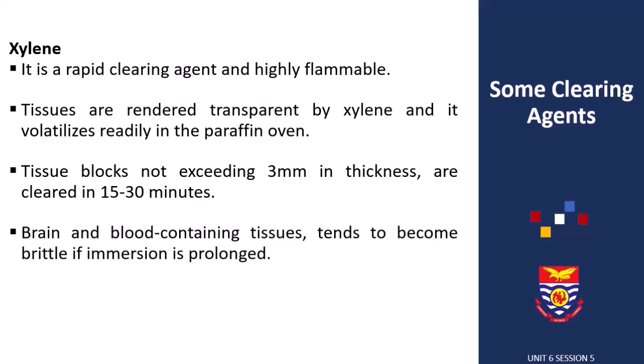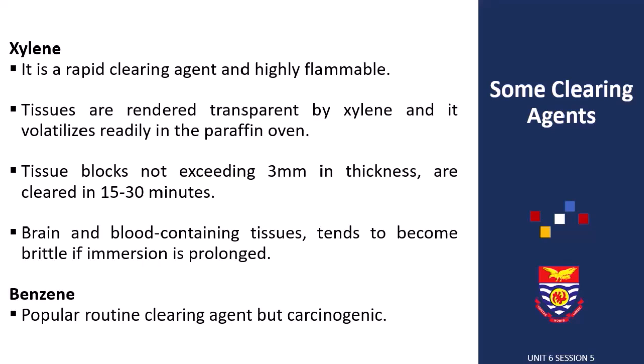However, brain and blood-containing tissues tend to become brittle if they are immersed in xylene for a longer period. Benzene is also a clearing agent that is used, however, it is carcinogenic, and because of that, it is not advisable to make use of benzene.